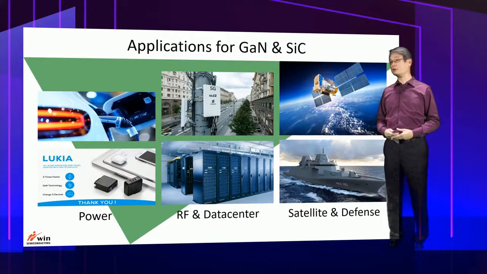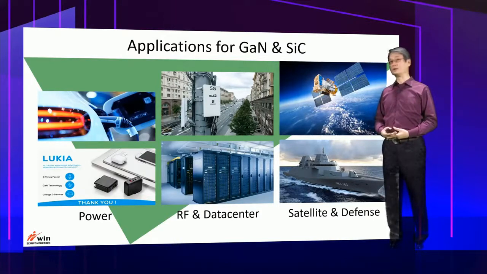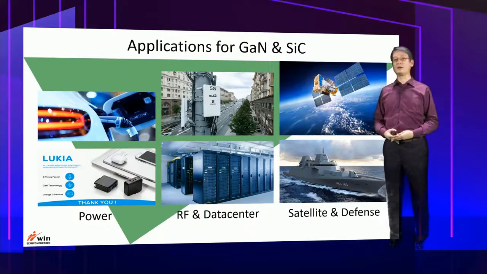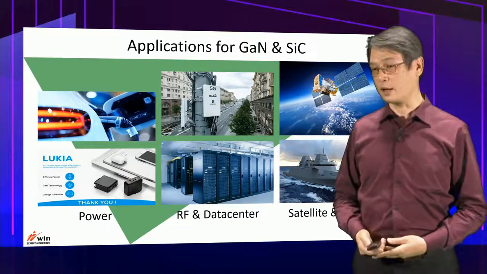For power conversion applications, both gallium nitride and silicon carbide have been adopted in electrical cars, data center servers, and fast charging adapters. Gallium nitride devices are used for 5G base station, power amplifiers, communication satellite, and even defense applications.